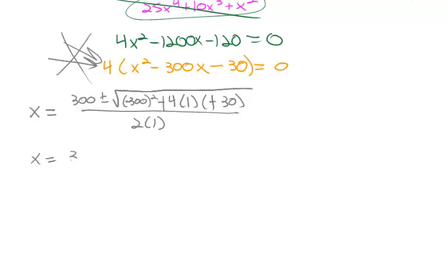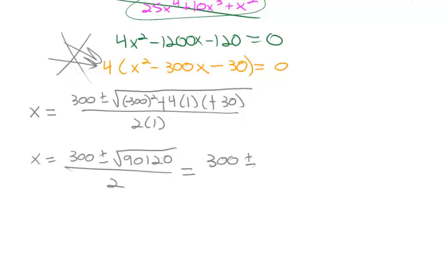So x is equal to 300 plus or minus the square root of 90120, over 2. If we do that on our calculator, the square root of 90120 is 300.12, over 2.